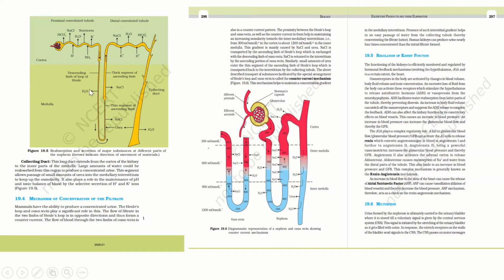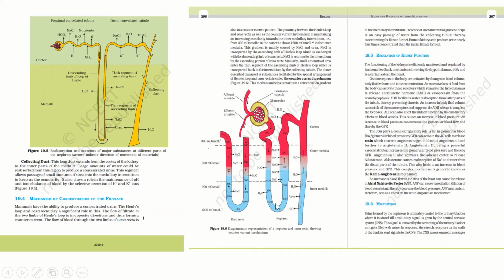Now, aquaporins are the channels which pass water from the tubules into the interstitial fluid of the medulla, and these descending limbs are permeable to water, but impermeable to solutes. As it moves down the loop, at this particular part the osmolarity becomes 1200. This is a highly concentrated level.